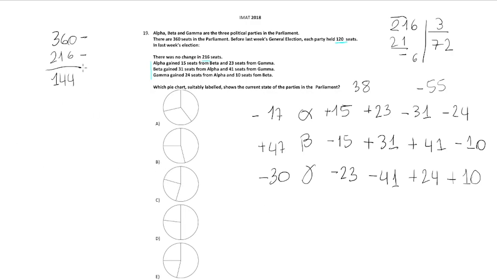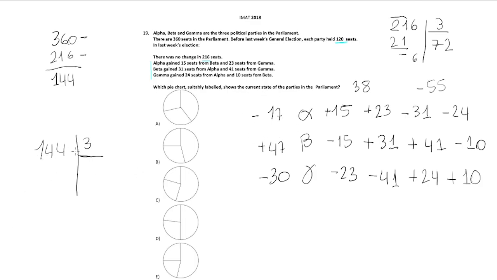Okay, at this point we have this number of seats that have changed, so we can take this number, 144, and divide it again by 3, so we know how many seats each party has changed, and then we can subtract or add this number to the changes we got.